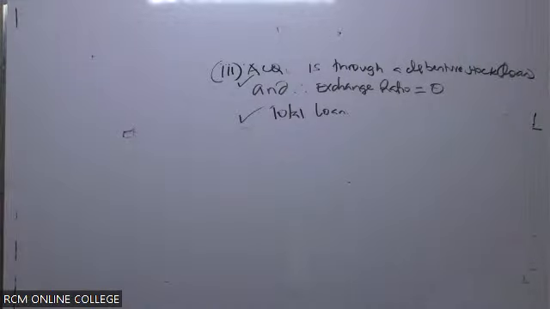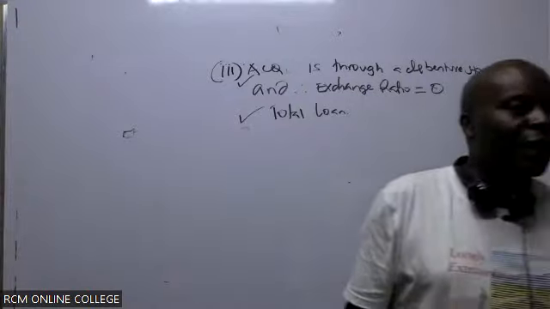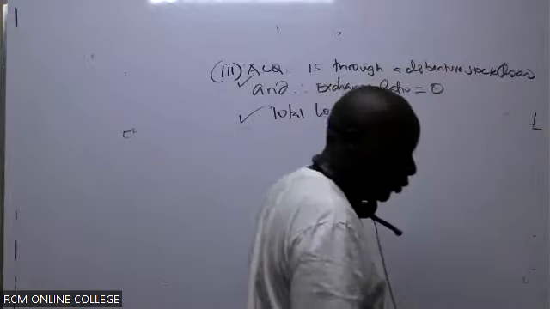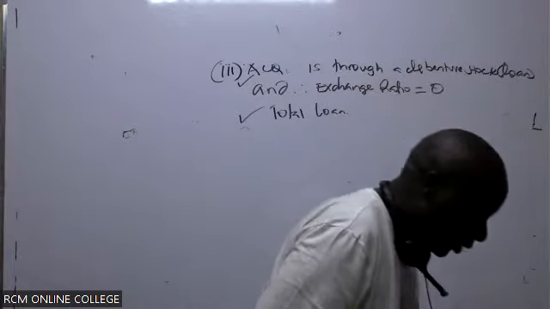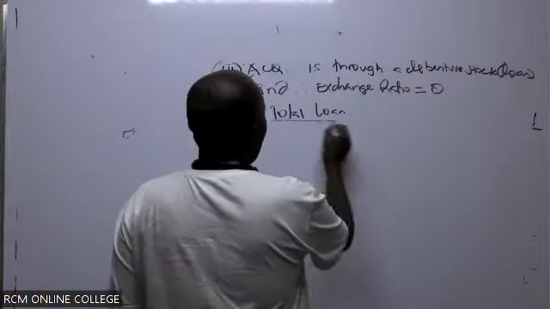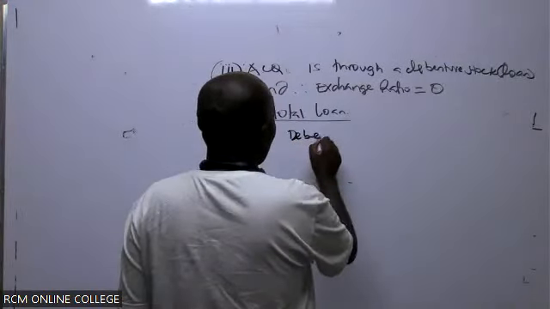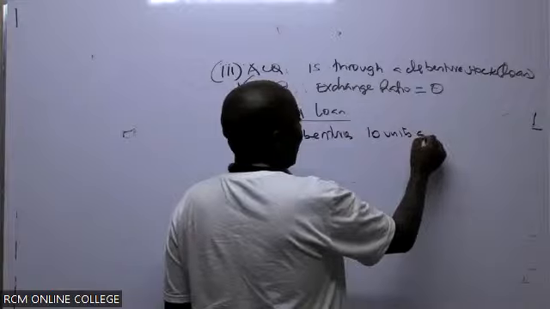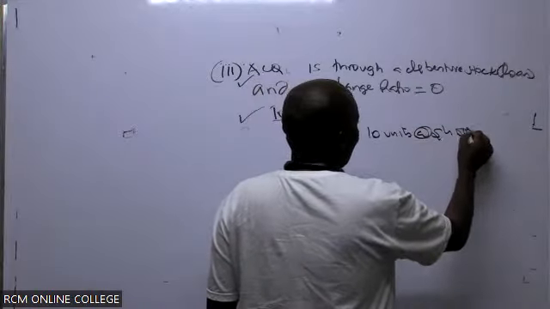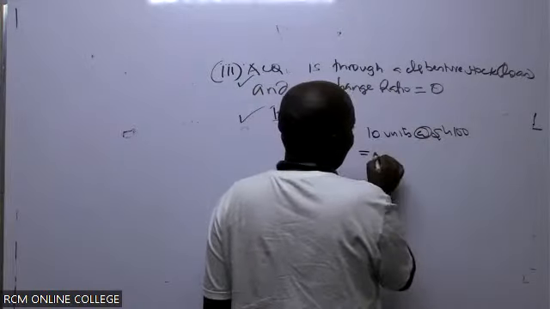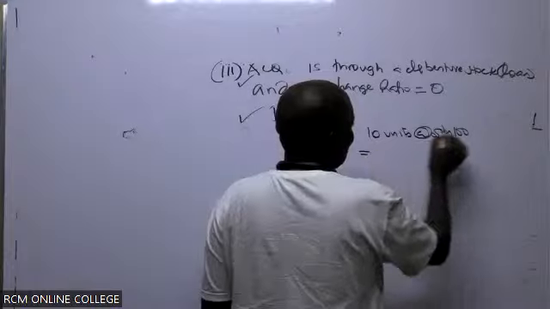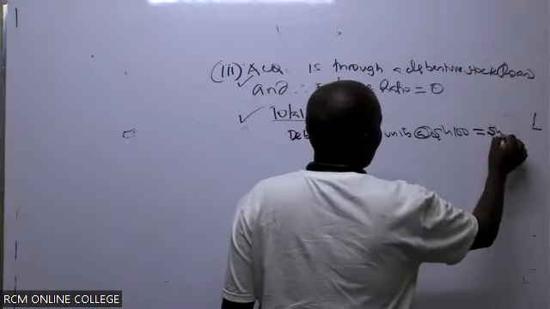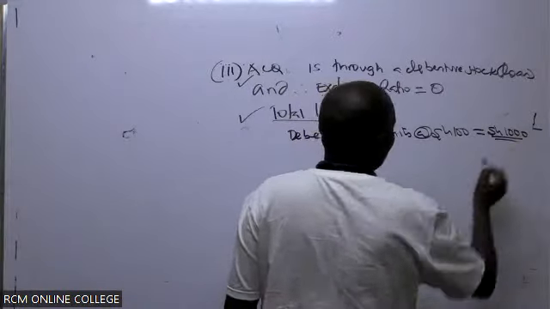You know, it's very easy. First of all, you see 10 units of debenture, each worth 100, which basically gives us debenture of shillings 1,000.